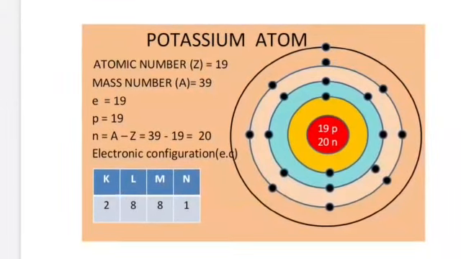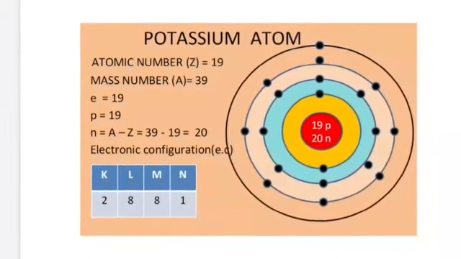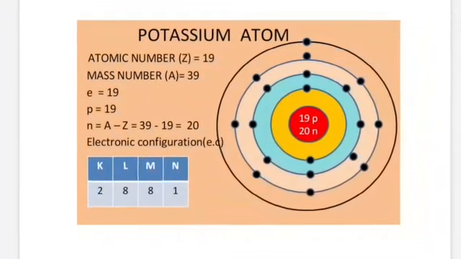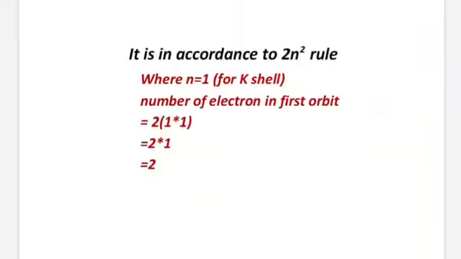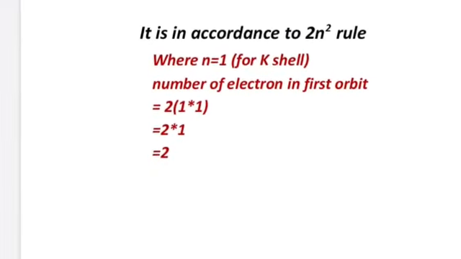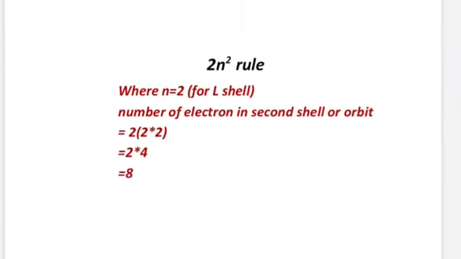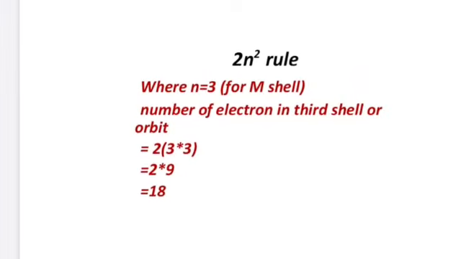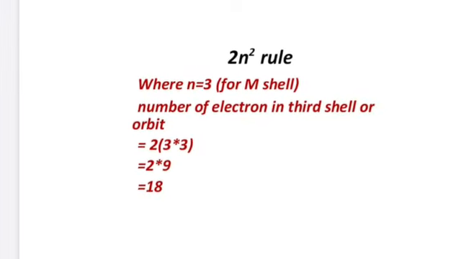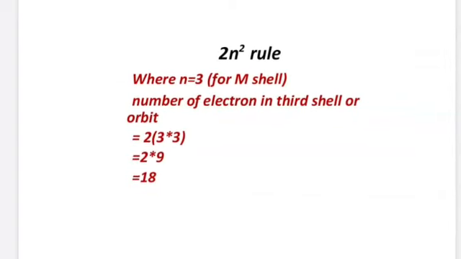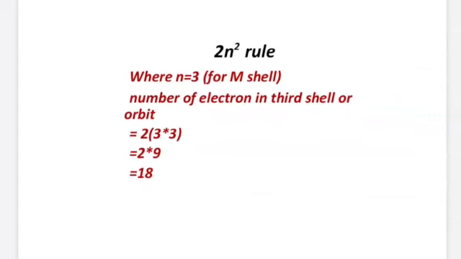Next, we have the potassium atom with atomic number 19, 39 mass number, therefore 19 electrons, 19 protons and 20 neutrons. Here also, according to the rule, K shell can have a maximum of 2 electrons. L shell will have 8 electrons. According to 2n square rule, the remaining 9 electrons should occupy the third shell, that is the M shell, which can hold up to 18 electrons.